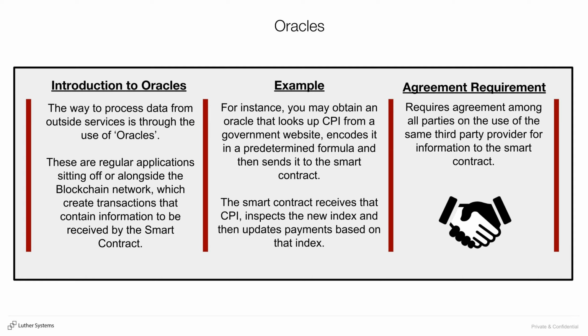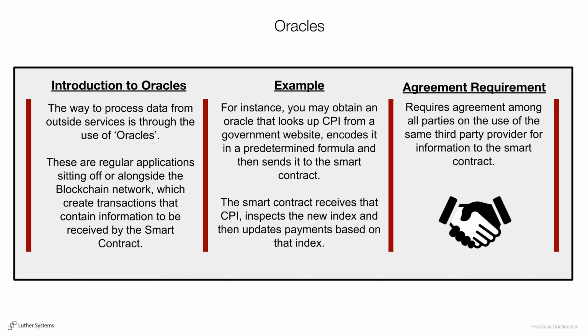The smart contract receives that CPI, inspects the new indices, and then updates payment amounts, let's say, based on these new indices, and validates that the person who provided the information is someone that the counterparties that are trusting this smart contract trust and agree on ahead of time.